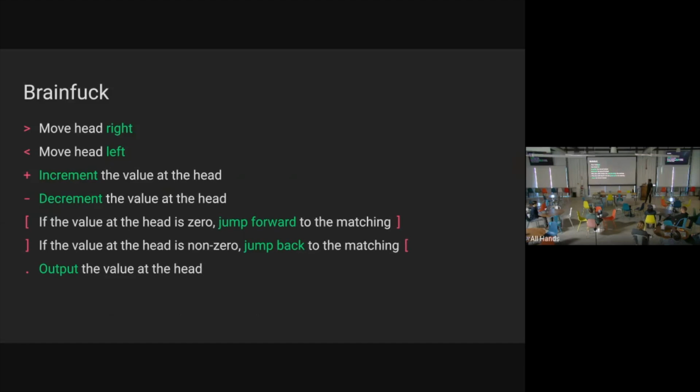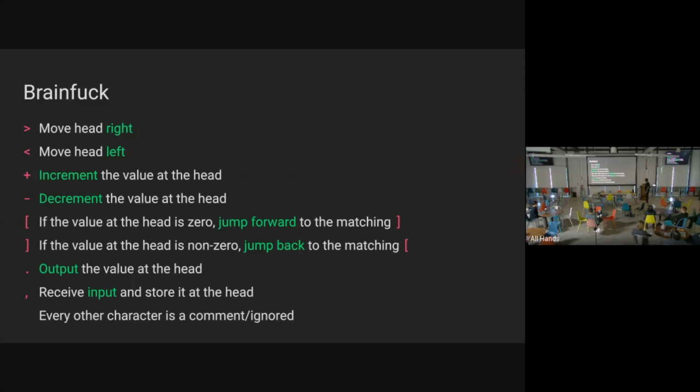And then this language also provides functionality for input and output, which is something that Turing didn't necessarily require. But this makes the language a little bit more useful because you can have it do stuff like print out output. And every other character is ignored. So anything that's not this magenta color is basically ignored in this language.